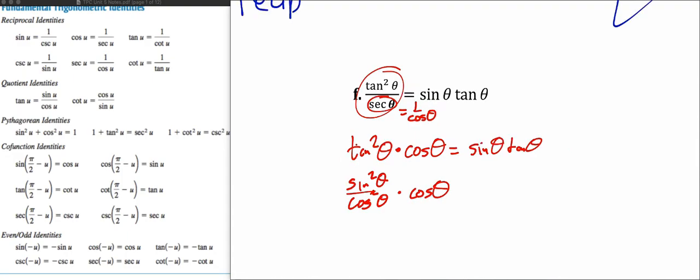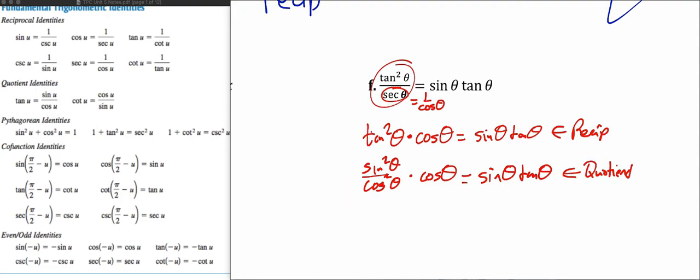I forgot to label this first one: we used the reciprocal identity. And for the second step, changing tangent squared into sine squared over cosine squared is using another quotient identity.